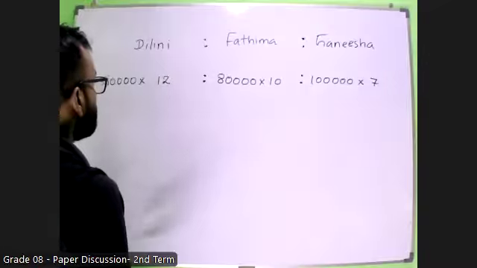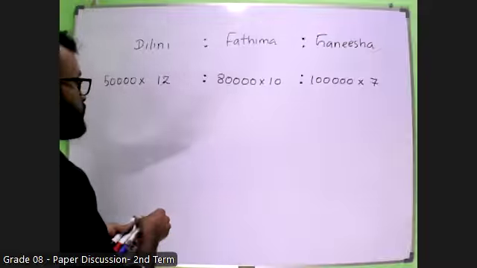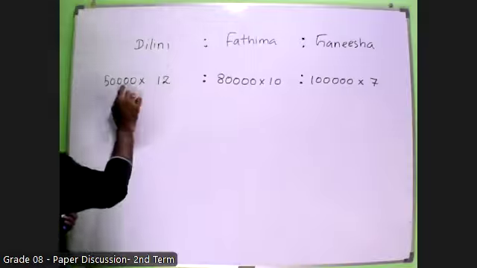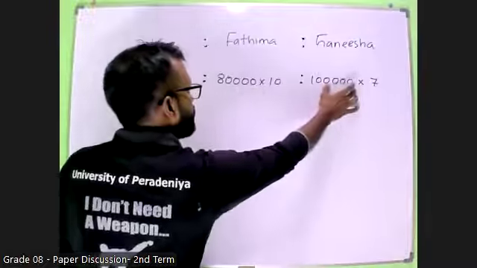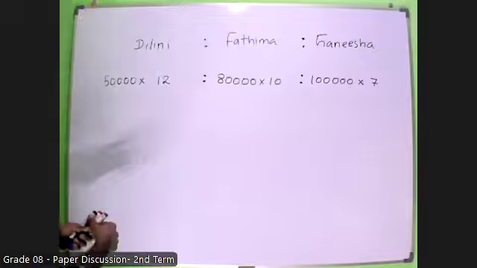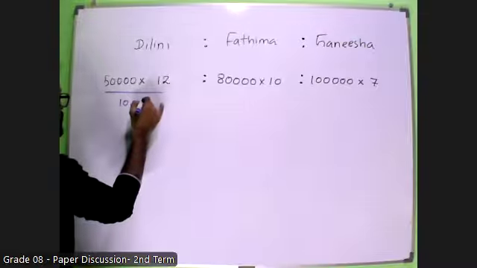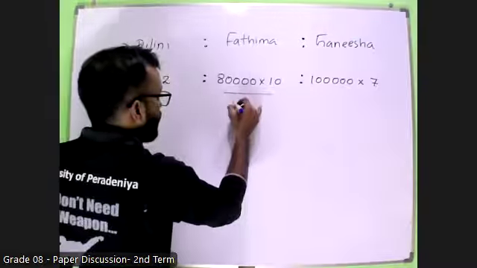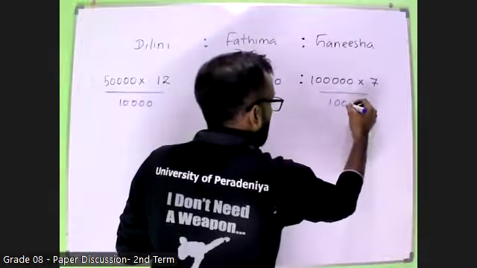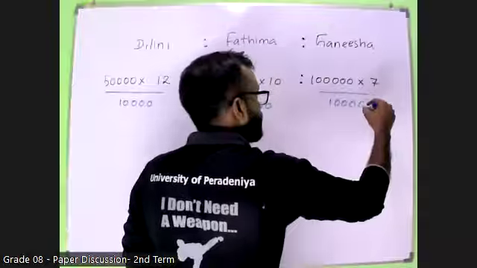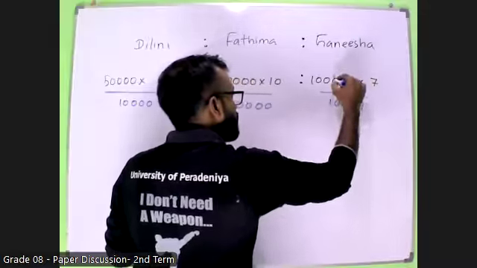So you have to keep this in the simplest form. By looking at this, there are zeros, so you can simplify the zeros. Here you have 4 zeros, here you have 4 zeros, and here 4 zeros. Actually, you can simplify 4 zeros. So I will divide each and every one by 10,000, because we need to keep it in simplest form.